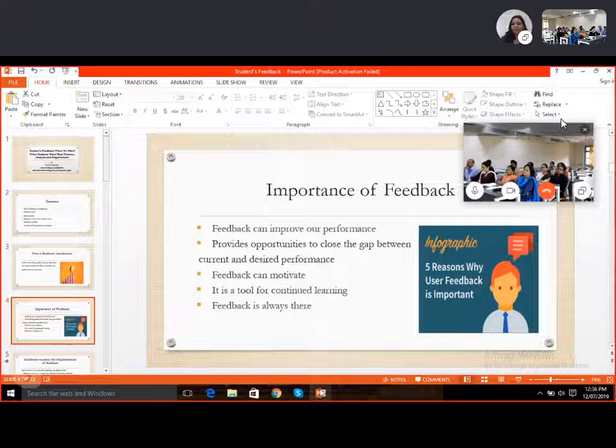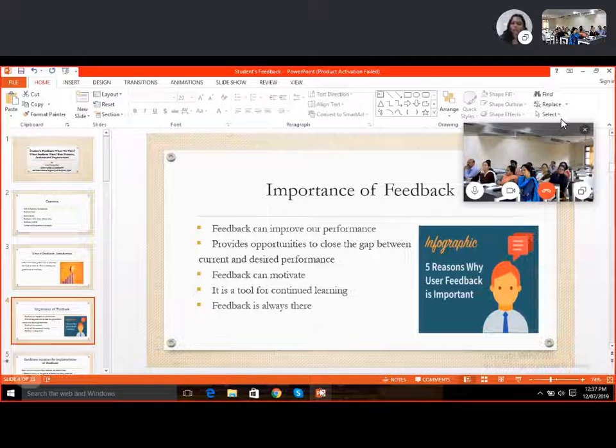Feedback can motivate, absolutely. If I am getting good feedback that the path I am going on is correct, that students are getting whatever I am teaching, or that the facilities provided by the college are good and motivate the students, then that is appreciable.